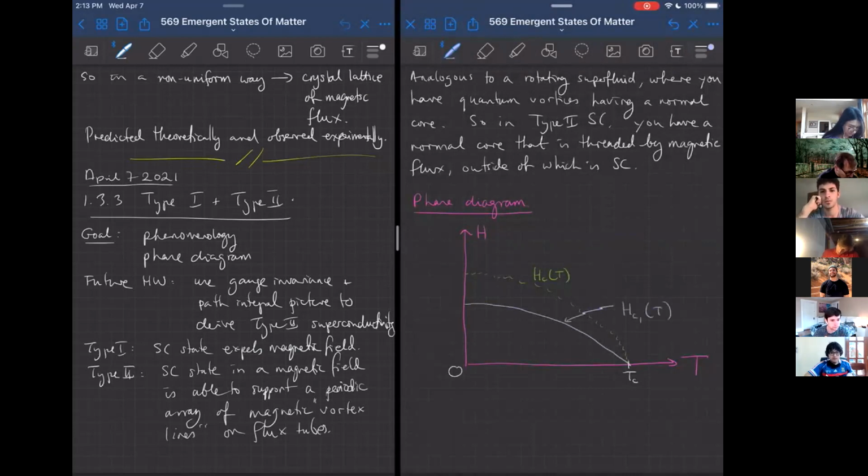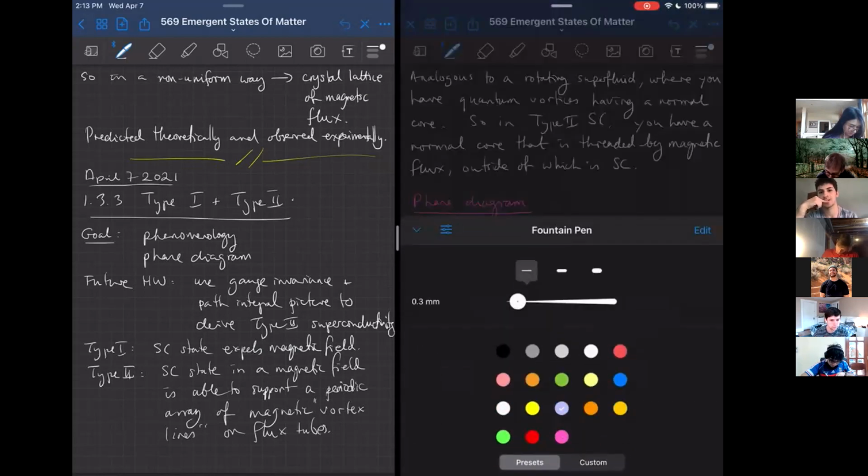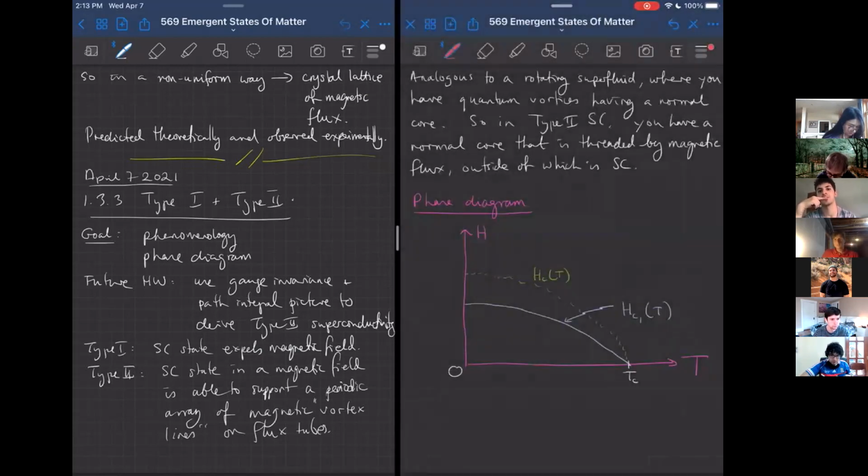And then there's a second line which comes in like this, and this line is called HC2 of temperature.